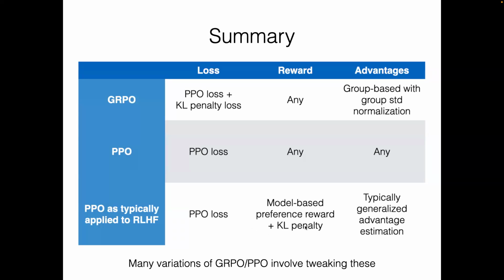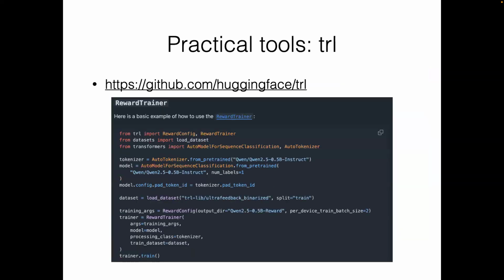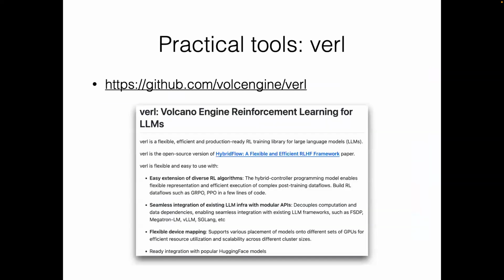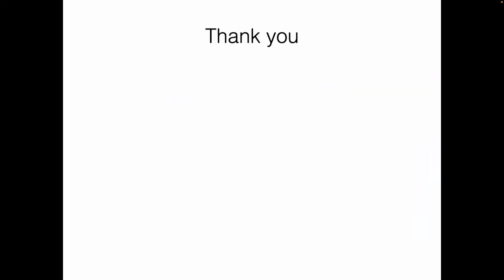As I mentioned, if you start reading recent papers about RL and language models, you'll see various different tweaks to these. And then here are two tools, TRL and also Veral, if you use this in practice.